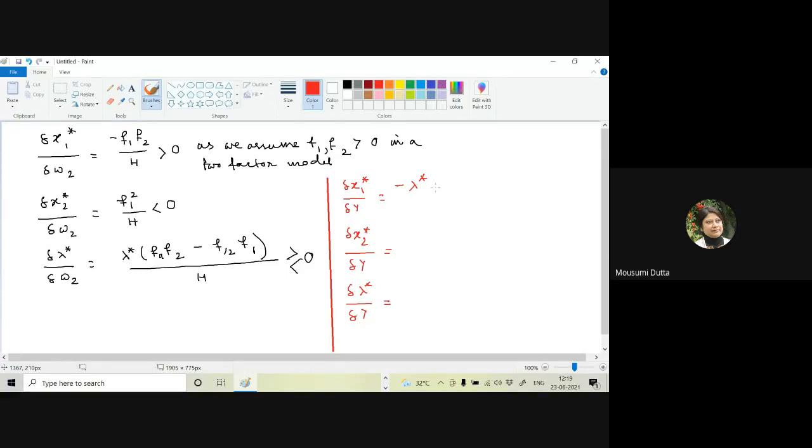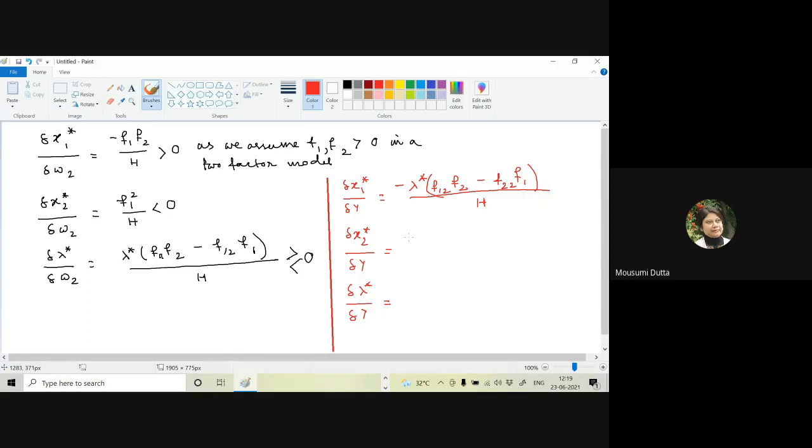Would you please repeat once again? f12 into f2, then minus f22 f1, divided by the bordered Hessian determinant.